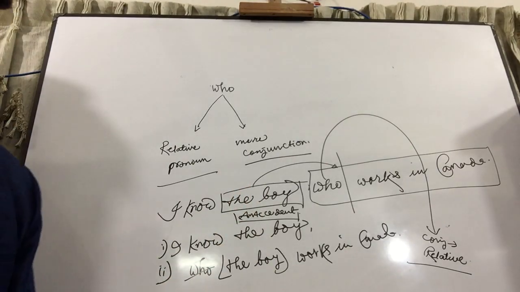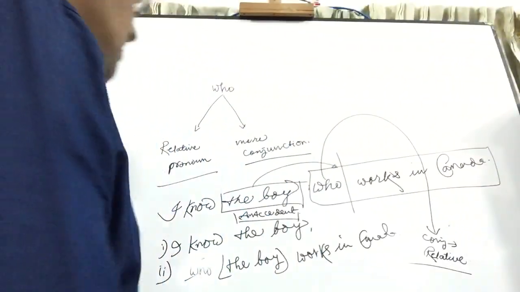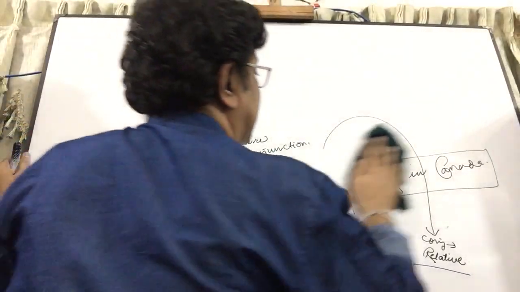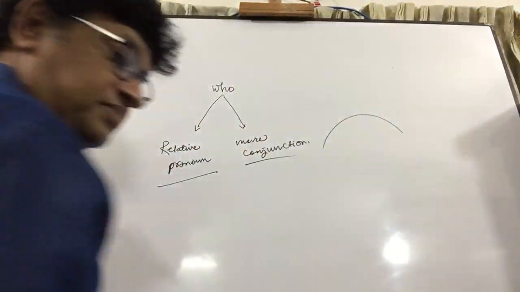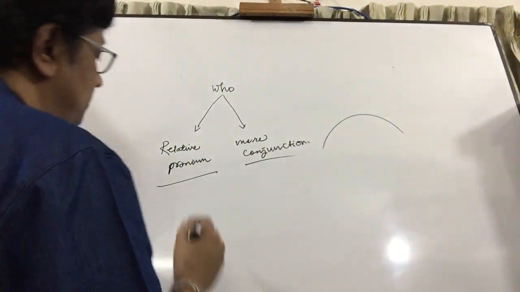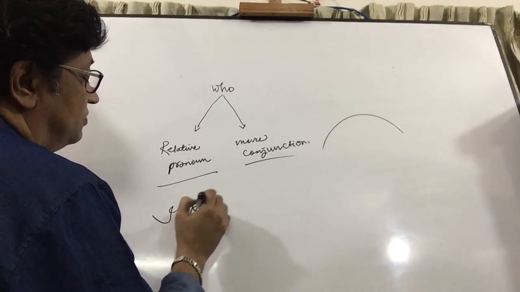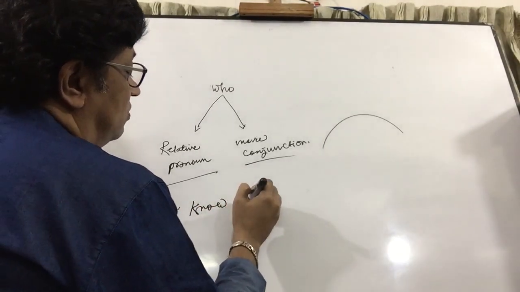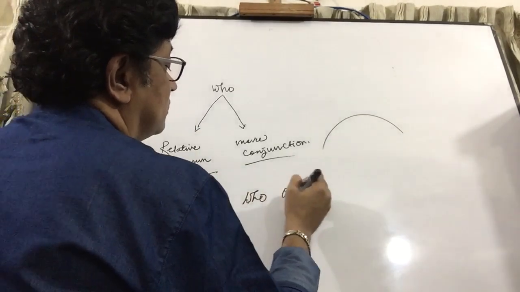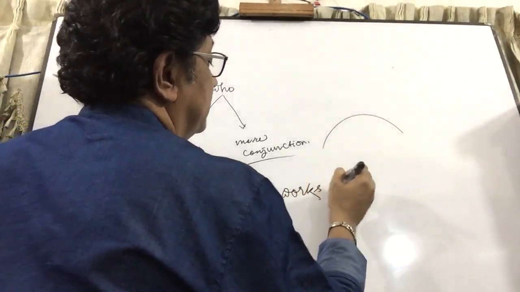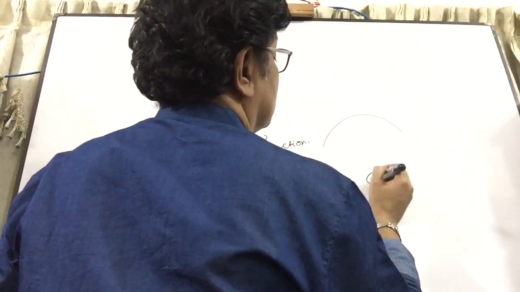The same sentence can be written in another way. That is, if you write, I know who works in Canada.